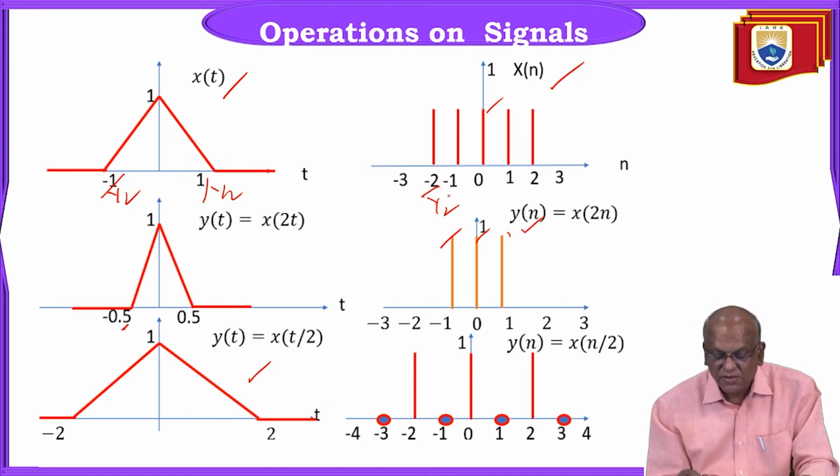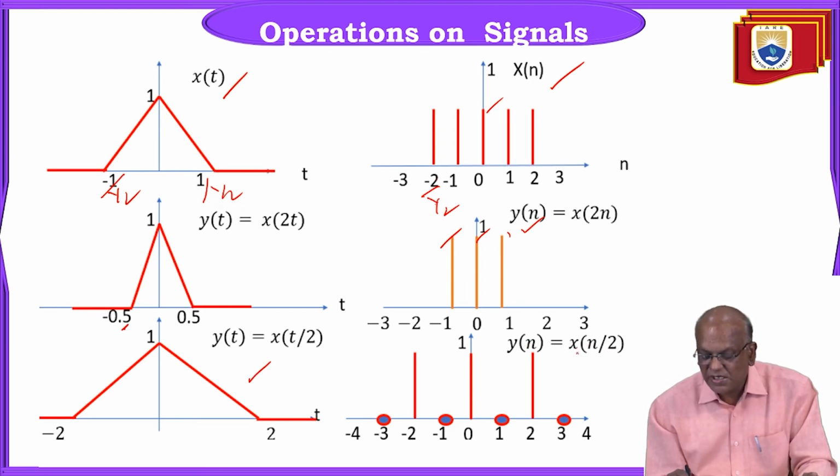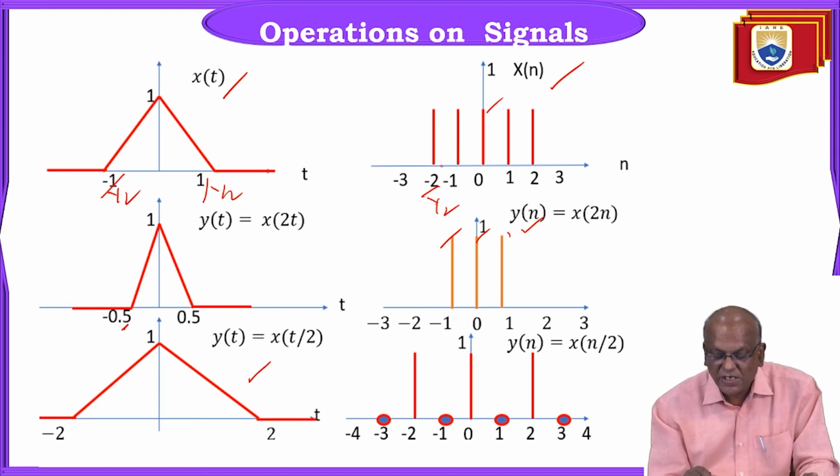What is x of minus 4 value? x of minus 3 divided by 2 means x of minus 1.5, and x of minus 1.5 equal to 0.